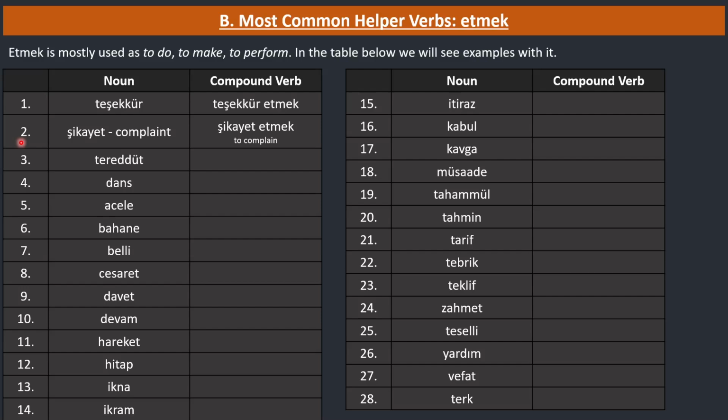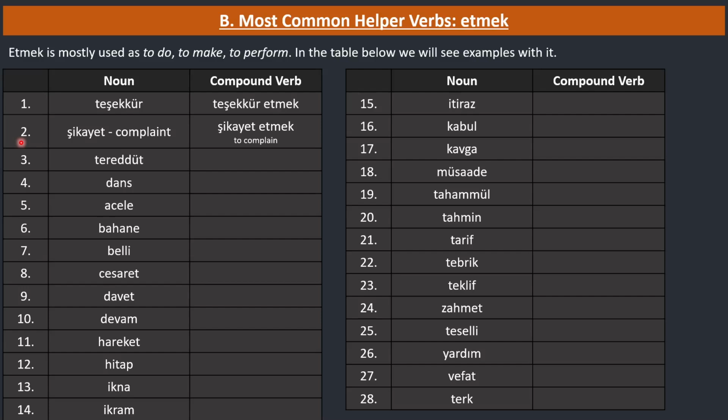Let's complain to the game developer. So let's report them. Onları şikayet edelim. Yes, görevliye şikayet edildin. You have been reported. So yeah, şikayet, the first meaning, complaint, but the second meaning is report.